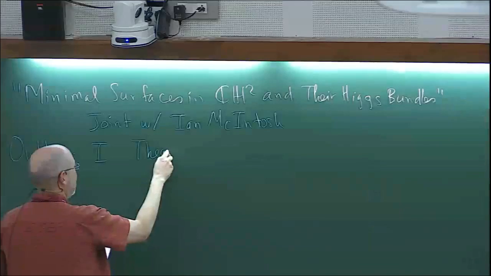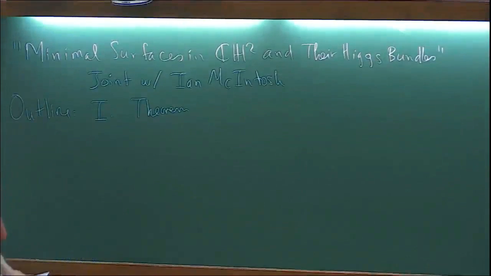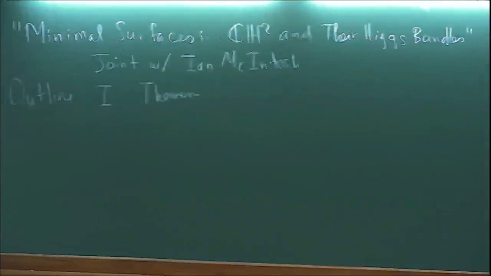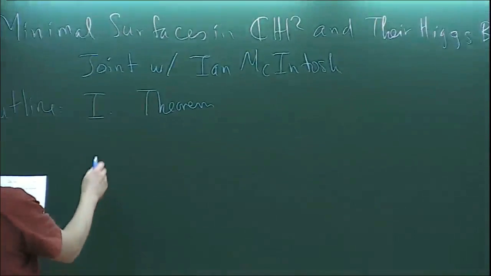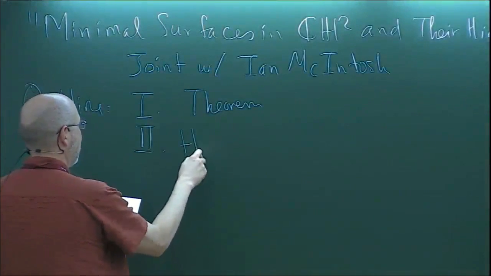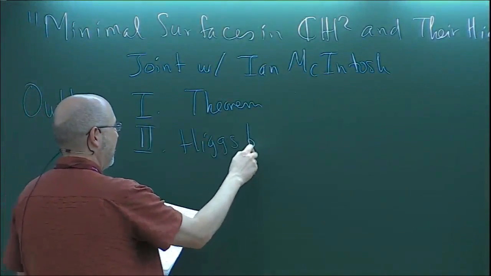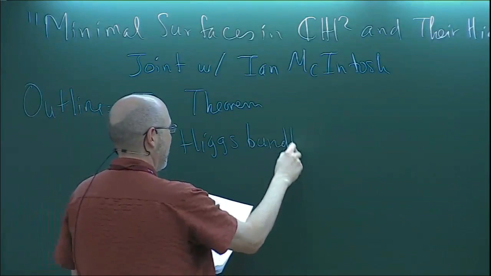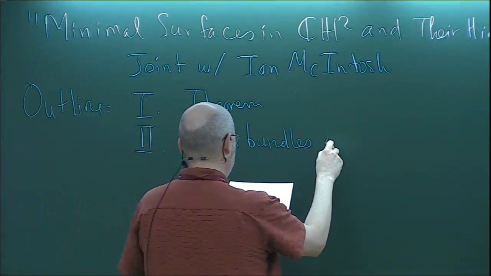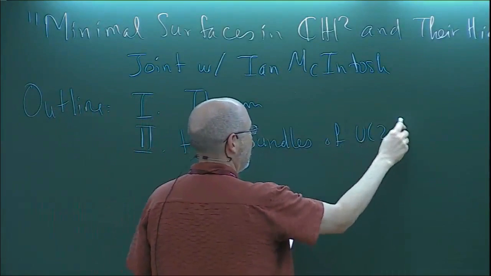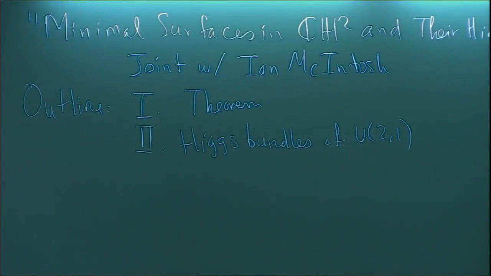What I'd like to start out with in this talk is to state the theorem, and then I'll explain the terms in the theorem. And then I'll talk about Higgs bundles. These are going to be over Riemann surfaces for the group U(2,1), and then PU(2,1) is the set of holomorphic isometries of CH2.